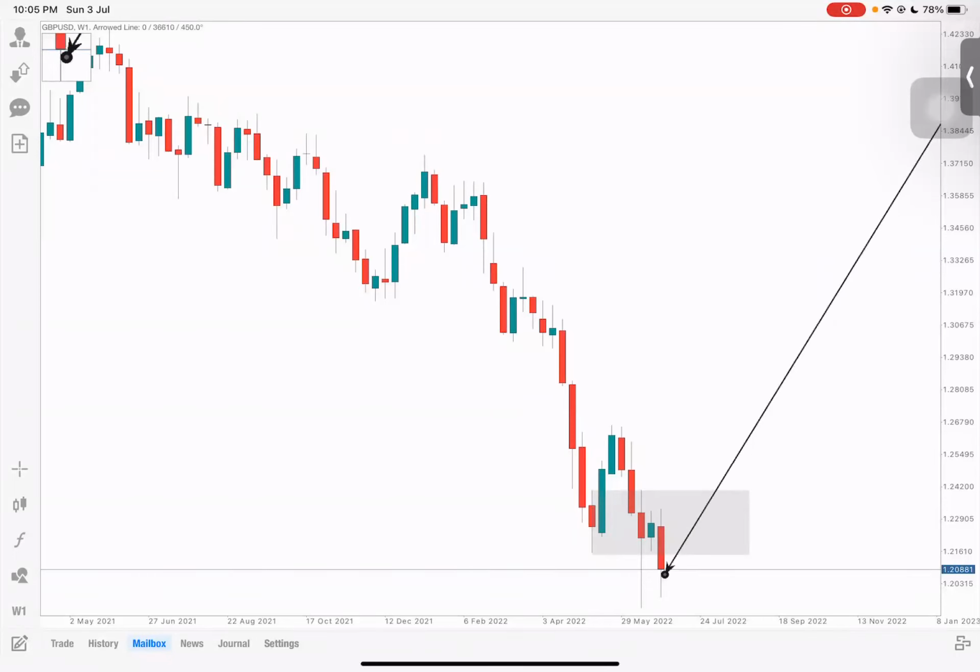So now you're not sure yet, so we have to wait. As for now on weekly, I didn't see any setup yet, and of course we're not going to trade on weekly. If you want to swing, yes, but on a daily basis we only use daily or H4 itself.